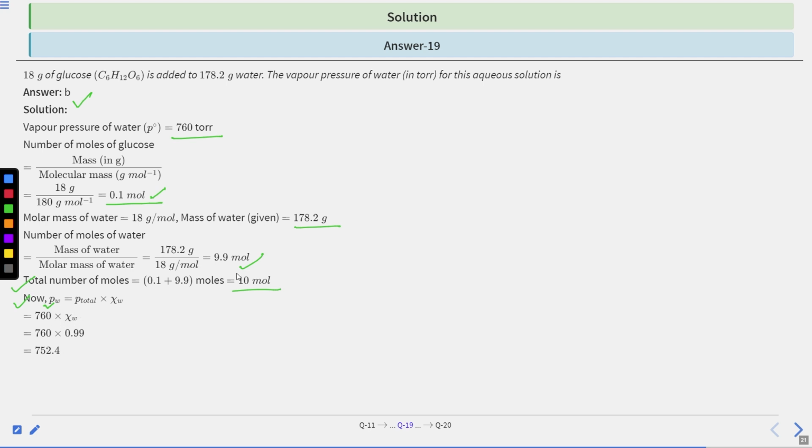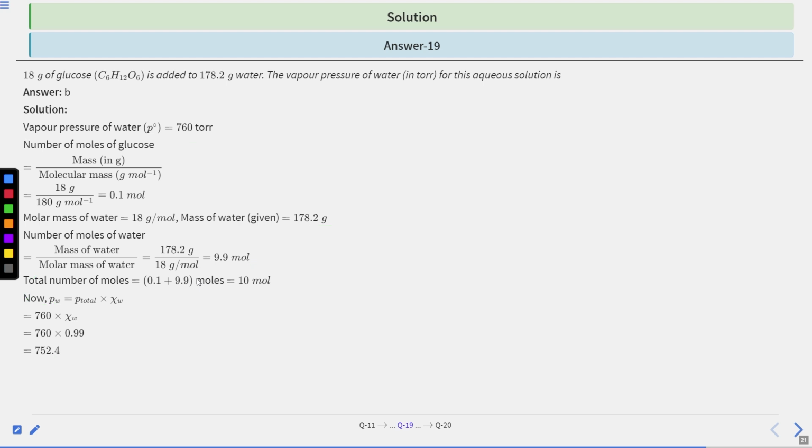The total vapor pressure is 760, multiplied by the mole fraction of water, which is 0.99. And 760 into 0.99 comes out as 752.4. Hence, option B is the correct answer.